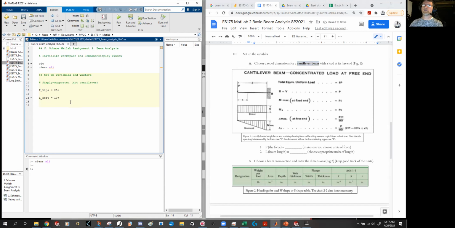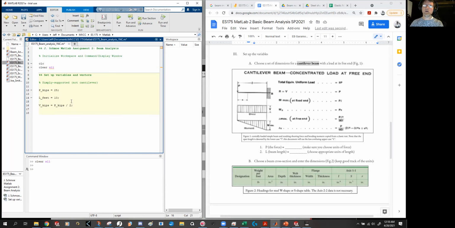I'm doing it for simply supported. So for me, V, which is the shearing force. And I would talk about that in my comments, but not this time because you're doing it. In kips equals P kips divided by 2. All right, so there's my formula.